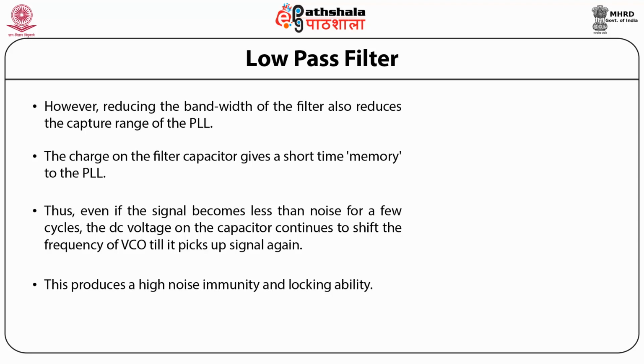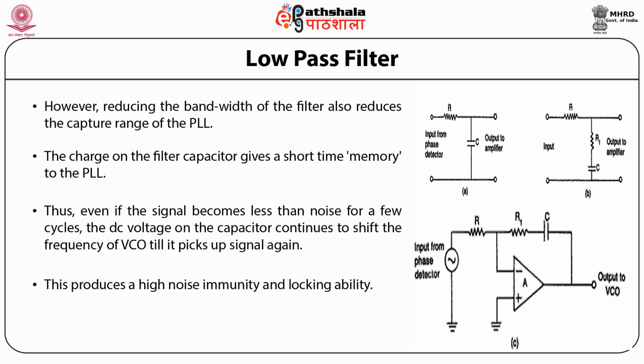This produces high noise immunity and locking ability. So these two figures show the schematic of the low pass filter, and the second one shows a low pass filter using an op-amp. So students, let us summarize what we have learned in this module.